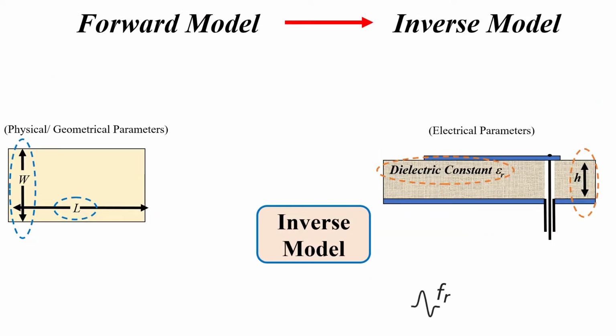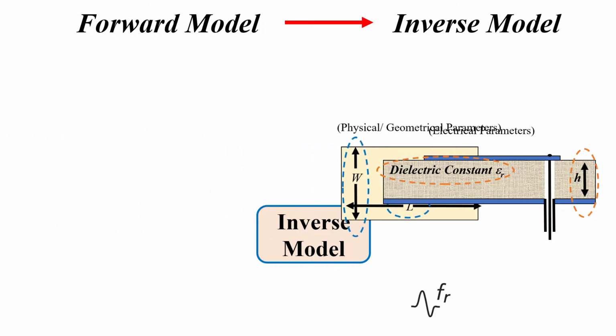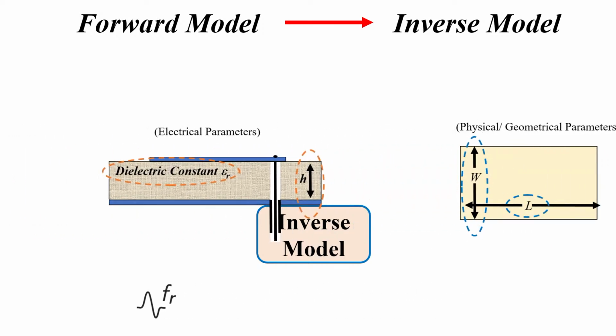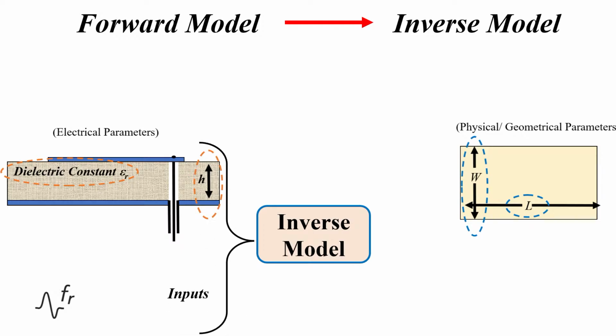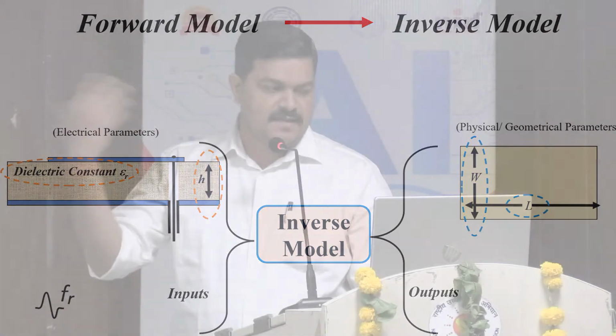While going to the inverse modeling, we simply swap the input parameters as the output parameters and output parameters as the input parameters. In this, the input is the electrical parameters, and by feeding the electrical parameters, we get the physical dimensions also in the inverse modeling.